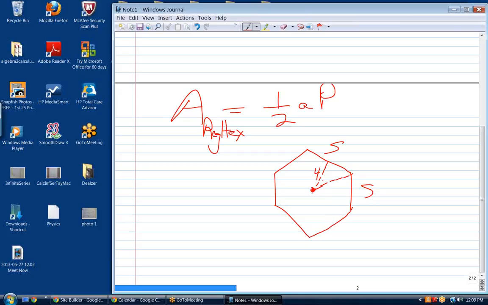Do we know this angle A? Since it's a 6-sided figure, what's the central angle?